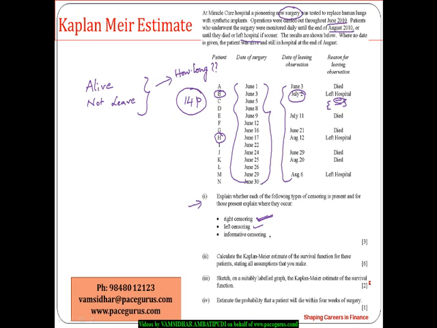And regarding informative censoring, whosoever have left, I see there is some amount of informative censoring present in the data, because all those people who left the hospital in the middle, I can be very strong about the information about them, saying their health has improved drastically. I can very well feel that their health has improved drastically, and that's one of the prime reasons they might have left the hospital, right?